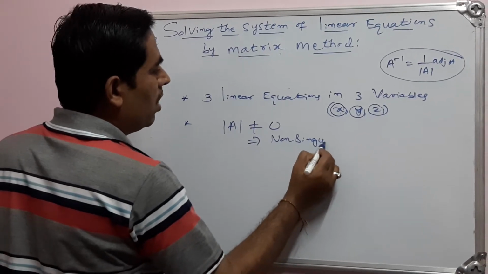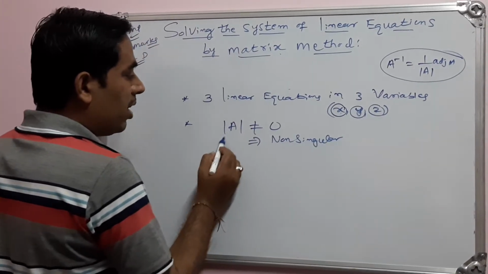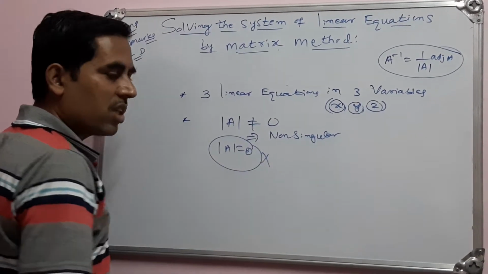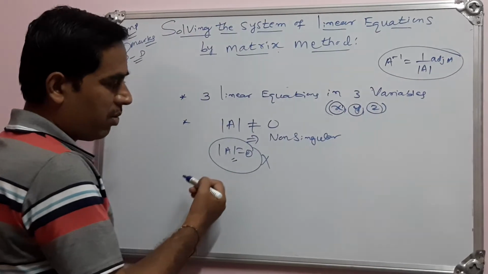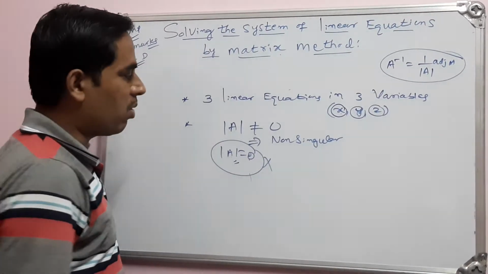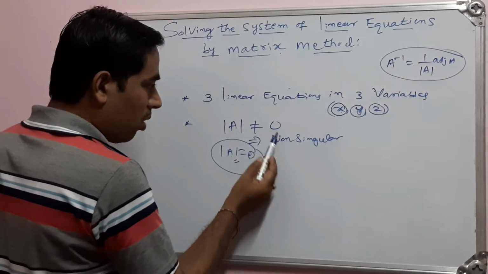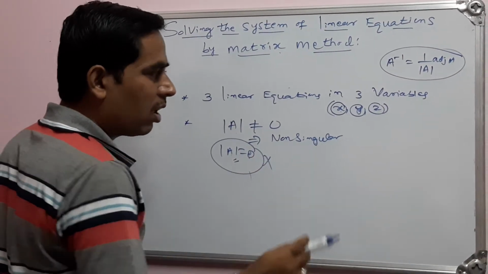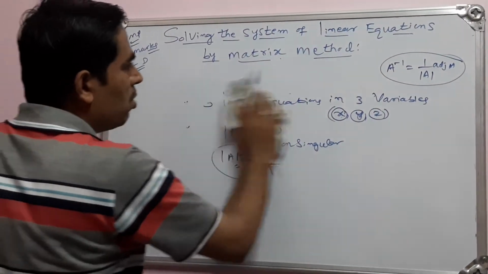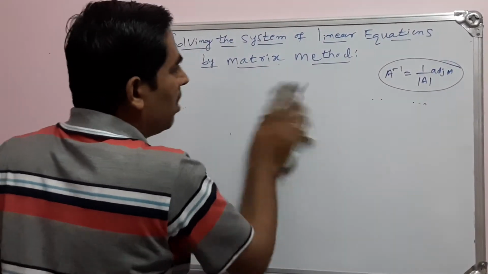If the determinant of A is 0, then the inverse does not exist. This point we also note here: if the determinant of A is 0, there is no question of inverse. If the determinant of A is non-zero, that means non-singular, then the inverse exists, and we can move forward. These are the important points you should keep in mind.